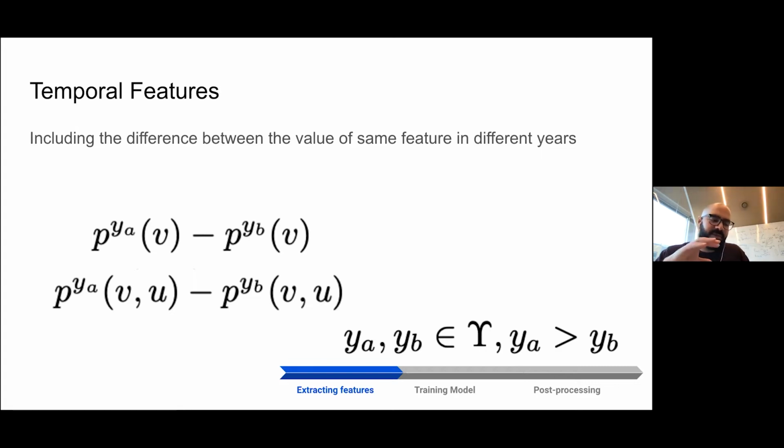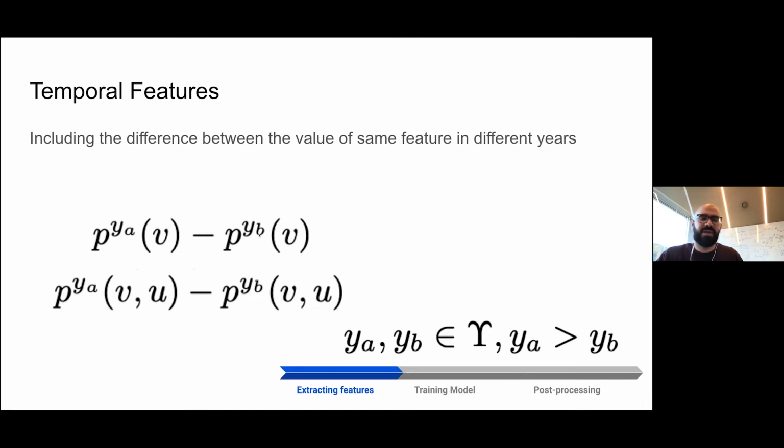So what we did, in order to encode the temporal property of this graph into our features, was add the difference between the value of the same feature in different years. So for example, if P is a feature, and we calculate it in year A for node V, and we calculate the difference between this feature P in year B, and we include the difference in our features.